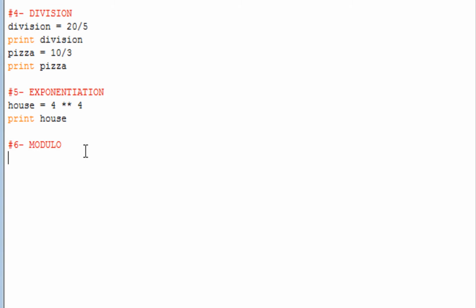And next we're working with modulo. Modulo is this weird thing that if you type in a number, it just rounds it off. Remember how I said 10 divided by 3 is 3.33333? Well, modulo would just put it as 3. If you don't believe me, let me just show you. Price equals 10.